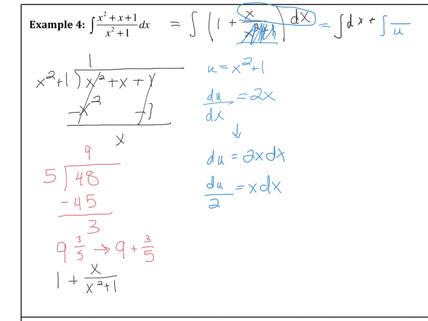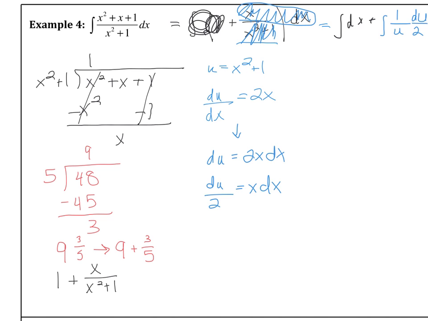So I'm just going to put a 1 over here, and then times du over 2. Great, fantastic. So we've done our u sub integral. We've left this 1 out on its own.